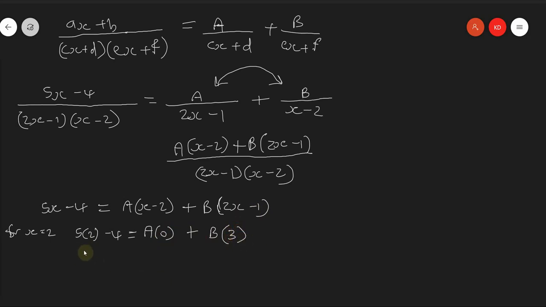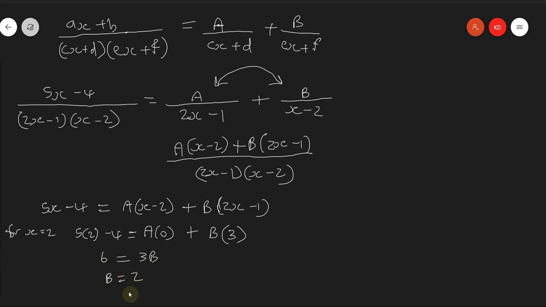Okay, great. So therefore we'll have 10 minus 4, which is 6, which is equal to 3b. Therefore, if we have 6 equal to 3b, we divide both sides by 3 and we get b is equal to 2.